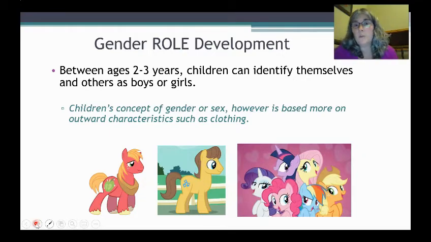Now, you might wonder, why do I have the My Little Pony characters up here? When my daughter was this age, she was obsessed with My Little Pony. And I noticed that she started really trying to label other cartoon characters as male or female. And I asked her one day, so how do you make that distinction? How do you know if the pony or the rabbit or the cat is male or female?